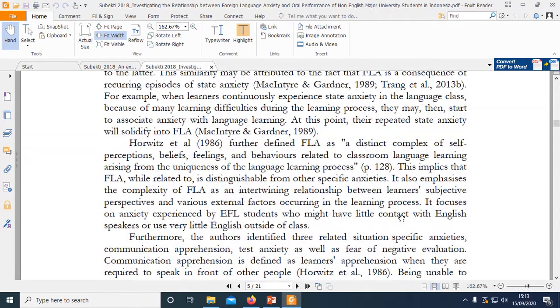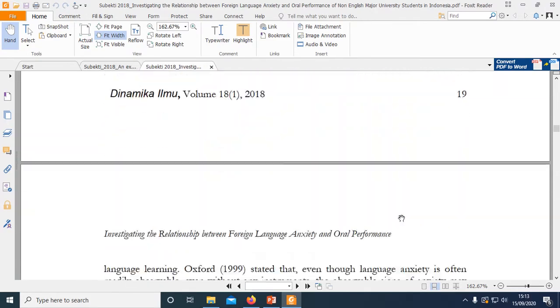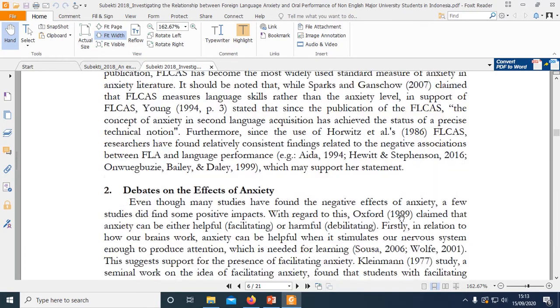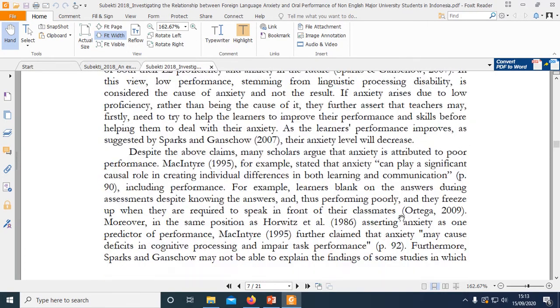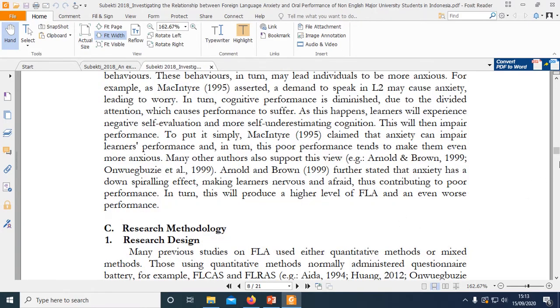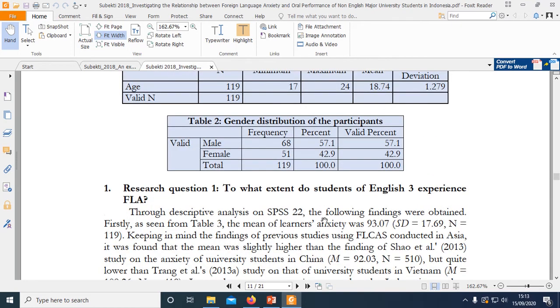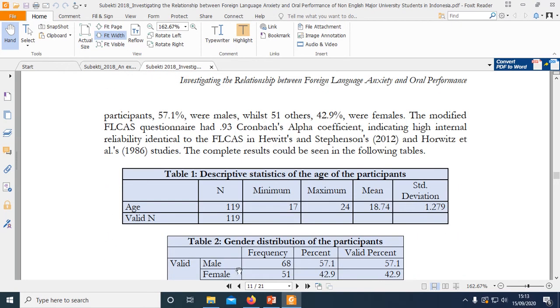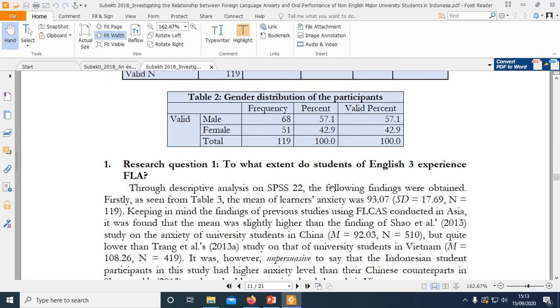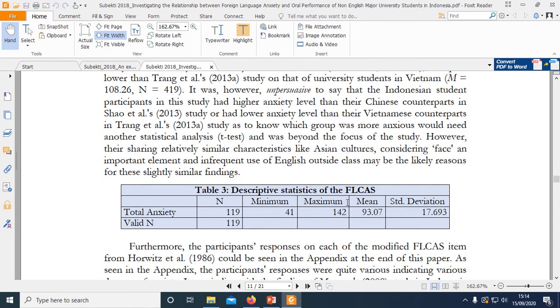We can see that this article reports a quantitative study, and the evidence is that it uses statistical formulas and numbers, as we can see here: frequency, percentage, minimum, maximum, mean, standard deviation. If the data look like this, the research is conducted using quantitative methods.